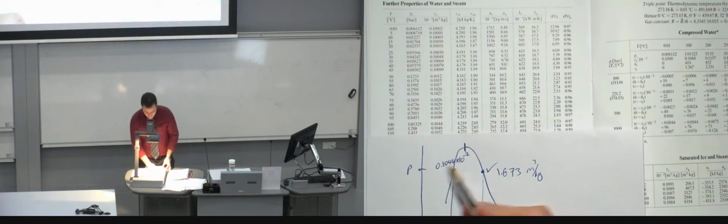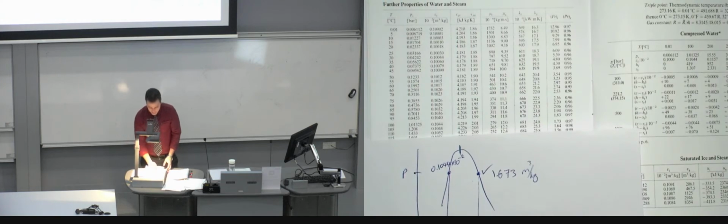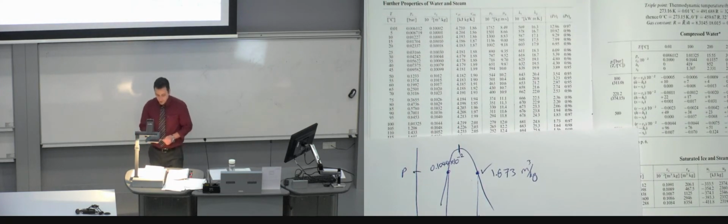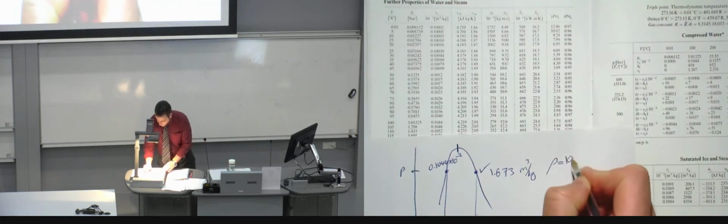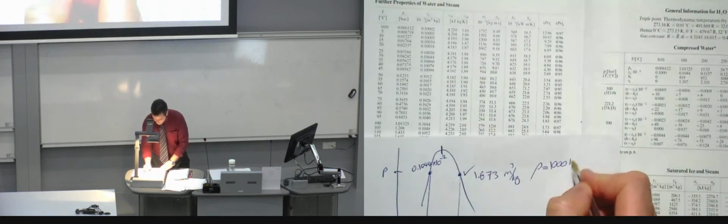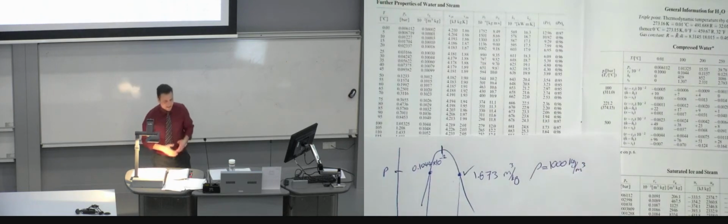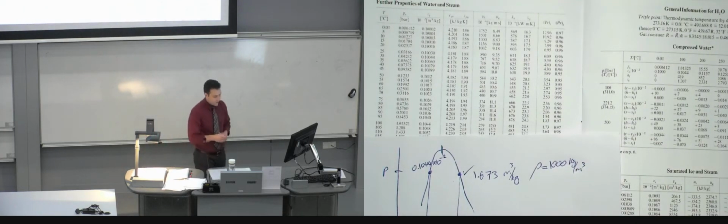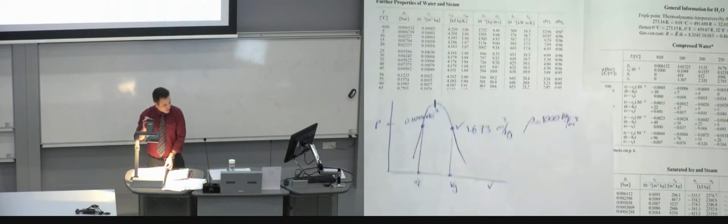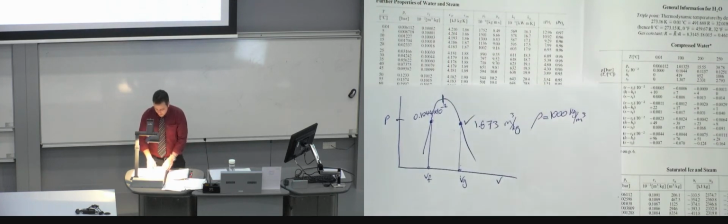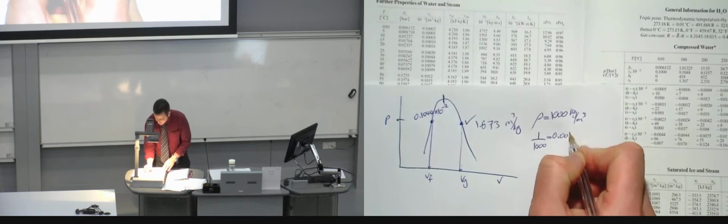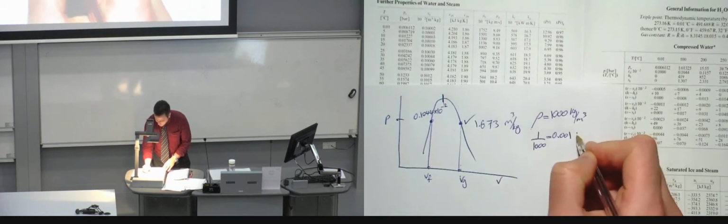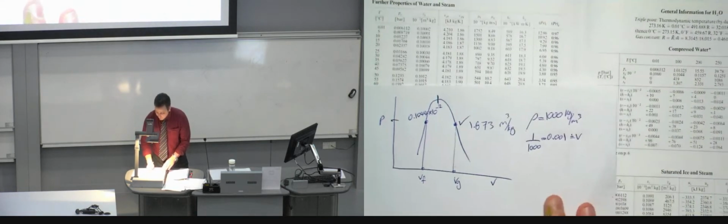The reason why I was going to come back to the value of this is because of this Vf. Guess what? We know that the density for water is 1000, right? And that is the common value of rho that we would use for water at room temperature. If I say 1 over 1000, that would give me the specific volume of water.